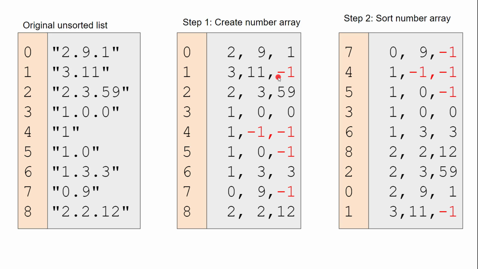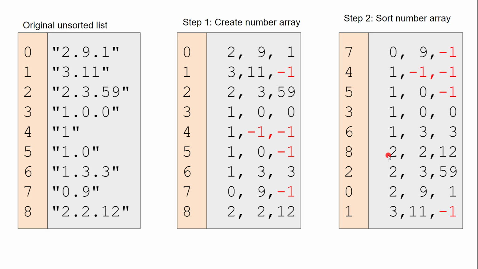The second step sorts the number array to determine where the version numbers are moved in the list. So for example, the last entry in step 1, 2, 12, is moved 3 entries up in the sorted list in step 2.